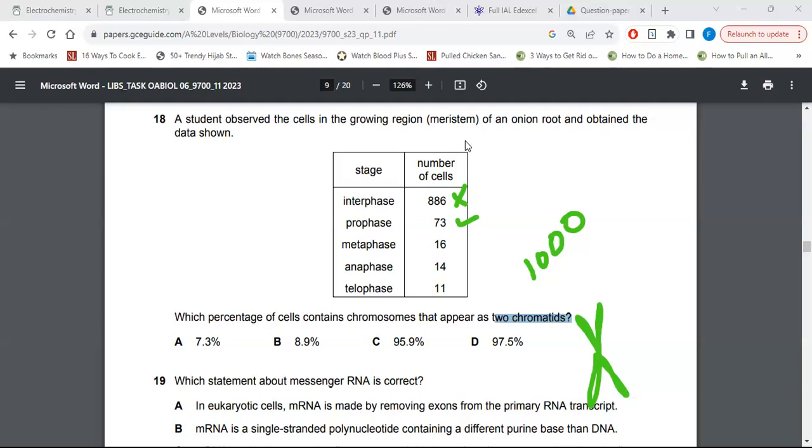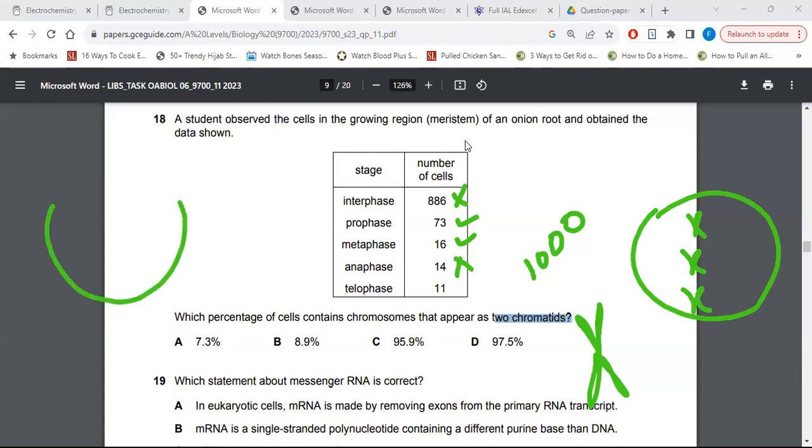Yes. Why? Because in metaphase, all of them are going to arrange at the equator. What about anaphase? Will I see chromosomes as two chromatids? No. Why? Because now the chromosomes have split apart from each other and they're traveling to the opposite poles.